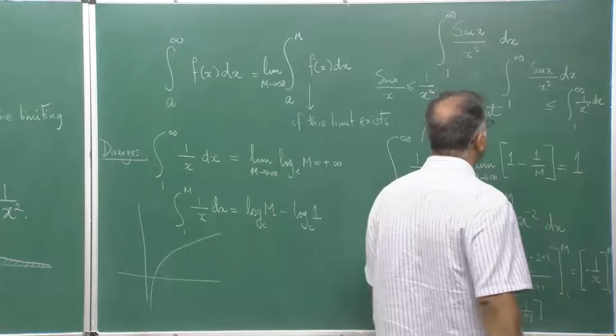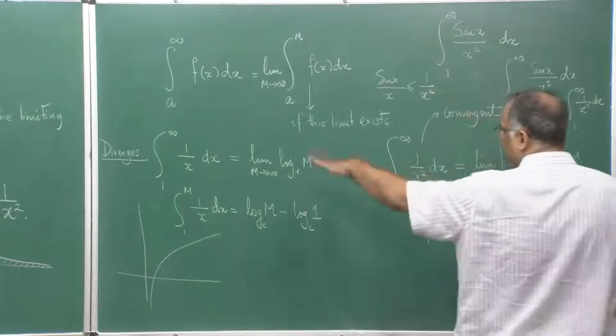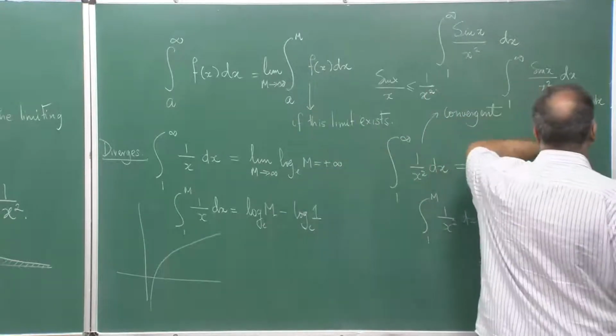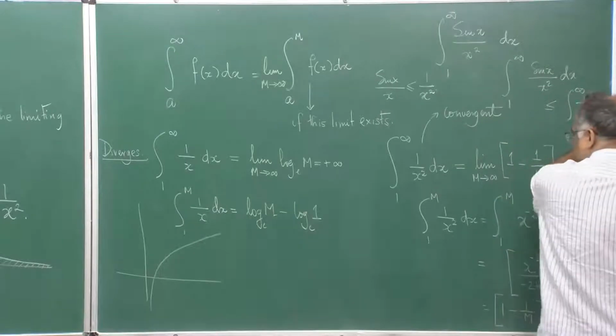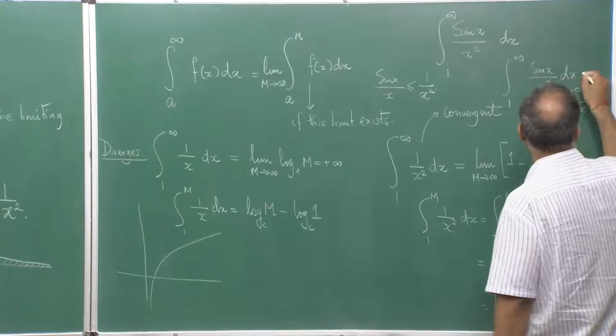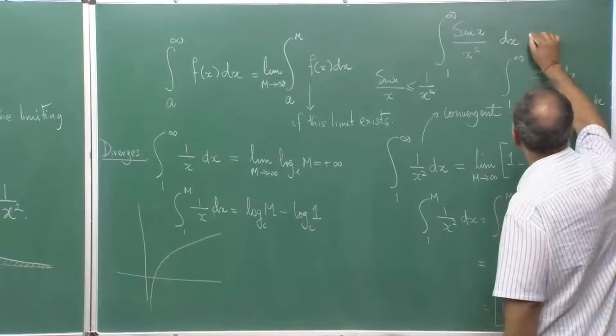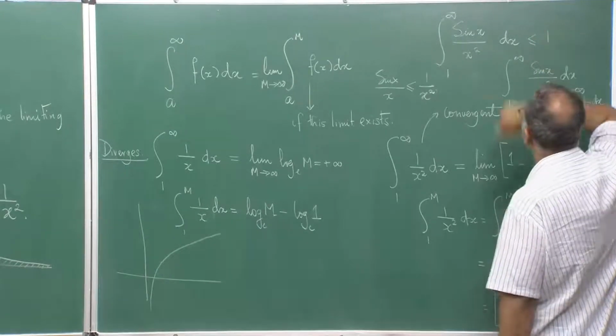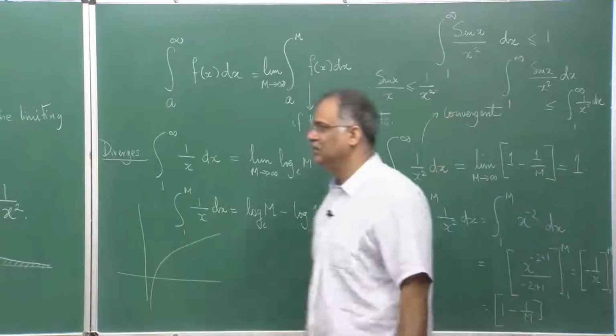Of course, I have skipped the limit part separately, because I know that this limit exists, this is 1. So we can say that this integral is less than or equal to 1 and hence it is a finite valued quantity.